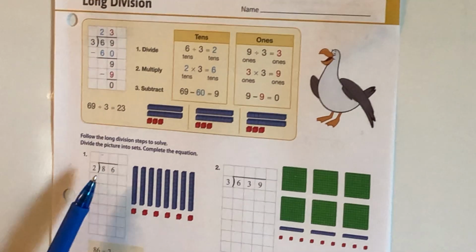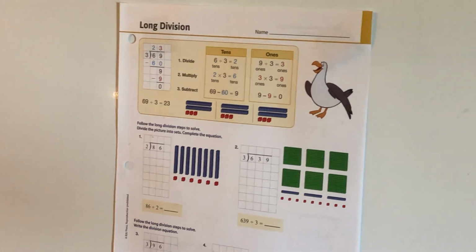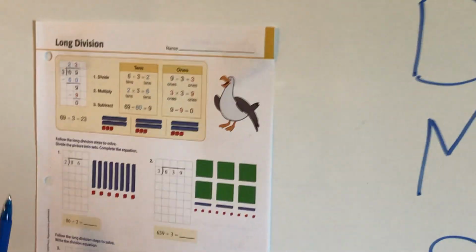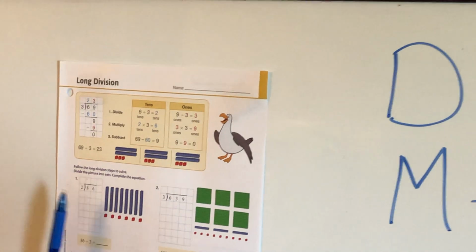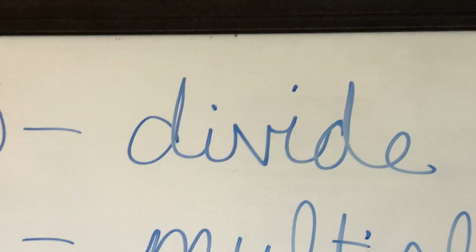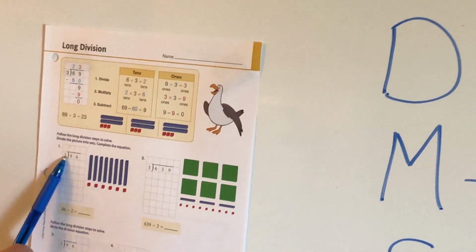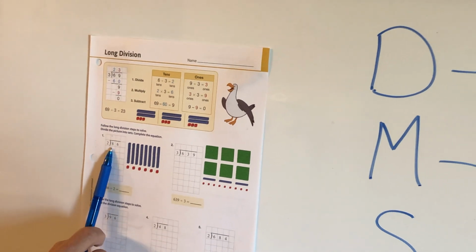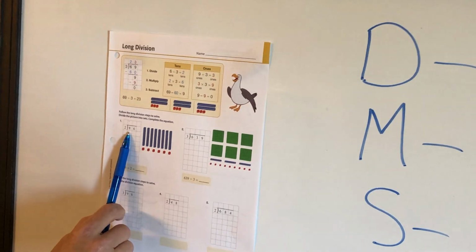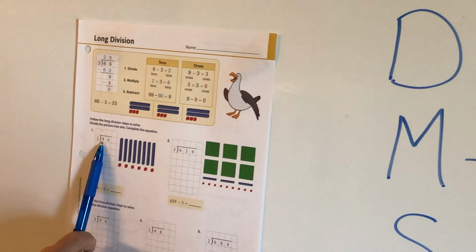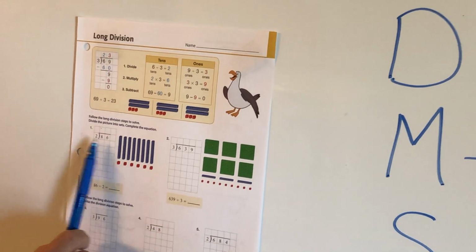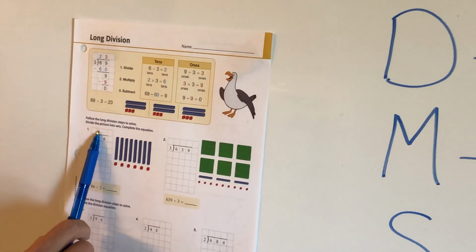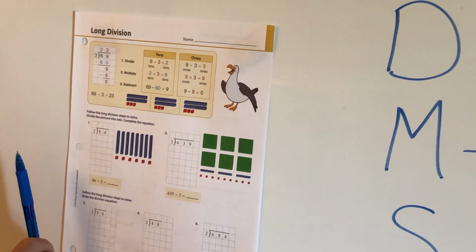So, 86 divided by 2. We're going to divide the divisor, which is the 2, into the first number of the dividend. Remember that this is the dividend, this is the divisor, and your answer is the quotient.